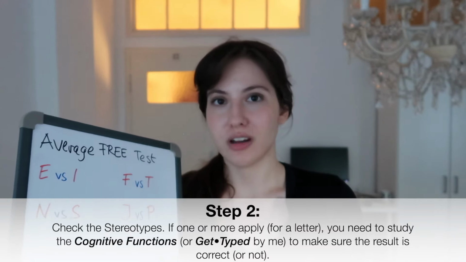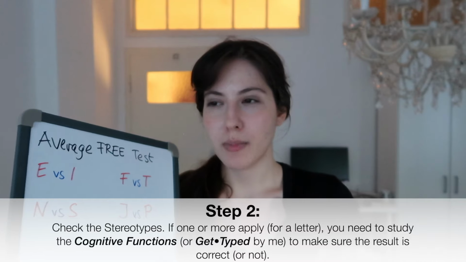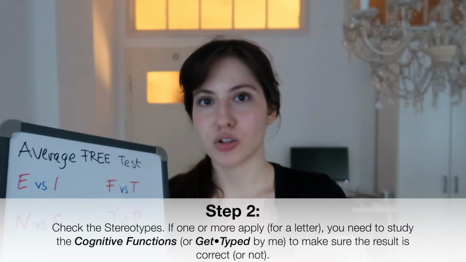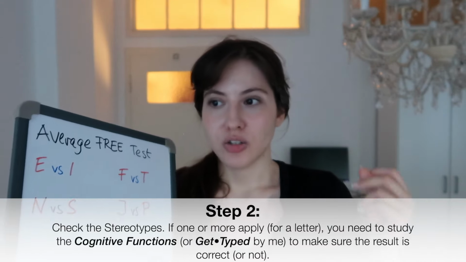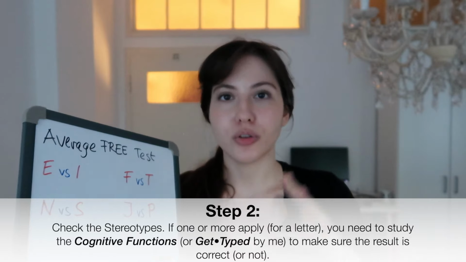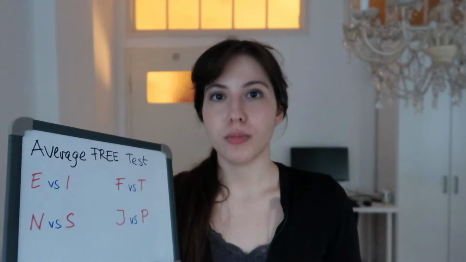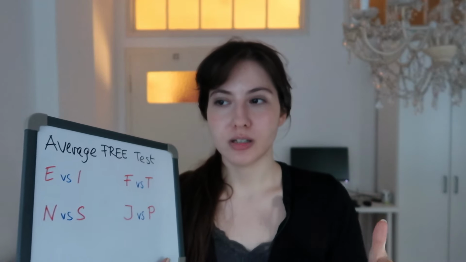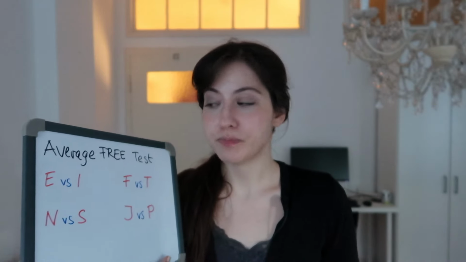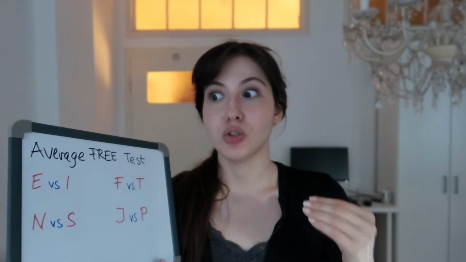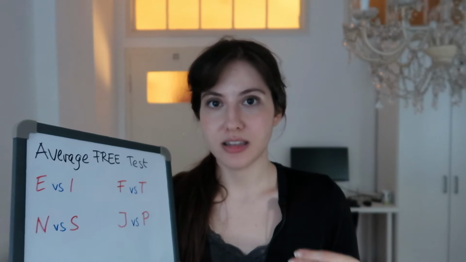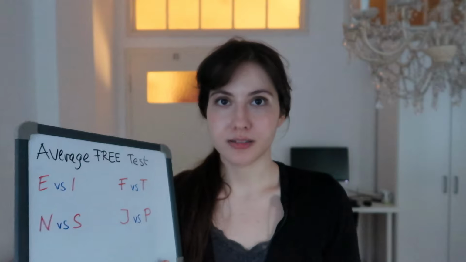Then you have to ask yourself, am I actually using the correct functions? You can find my overview of all the cognitive functions, how I describe them based on Jungian theory, on typevolution.com. I will also put the link in the description, Jung's Cognitive Functions Explained. Then you can see whether you are actually using those cognitive functions in that way or not.